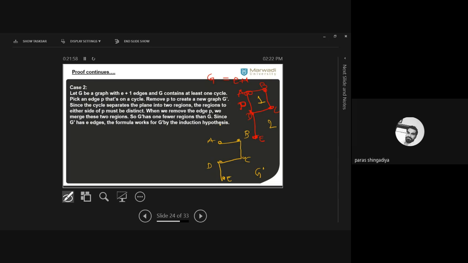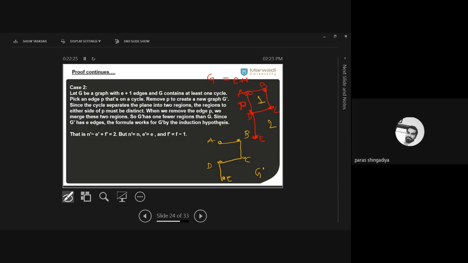G dash में कितनी edge है? E edge है. So what does it mean? जो हमारा hypothesis था, हमारा supposition था, that works here. This graph satisfies the Euler formula. Clear? So the formula works for G dash by the induction hypothesis.